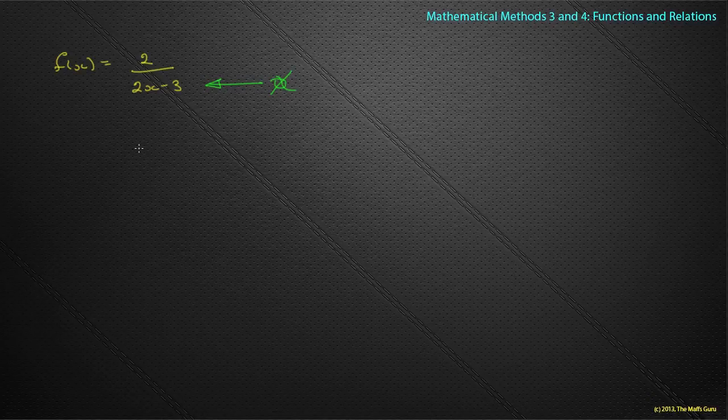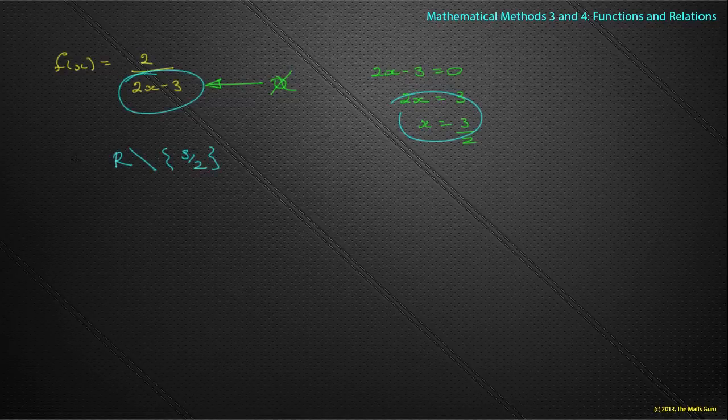So if we know that 2x minus 3 can't be 0, then if we find what value of x makes 2x minus 3 give you 0, in this case 3 over 2, we now know that pretty much every x value is possible to go in here. We can put any x values in here, be it positive or negative, but not 3 over 2. And how do we write that? Well, basically we know that the domain is all of the real numbers, but not including 3 upon 2. All right? So that trick of looking at what can't be is quite useful to us.